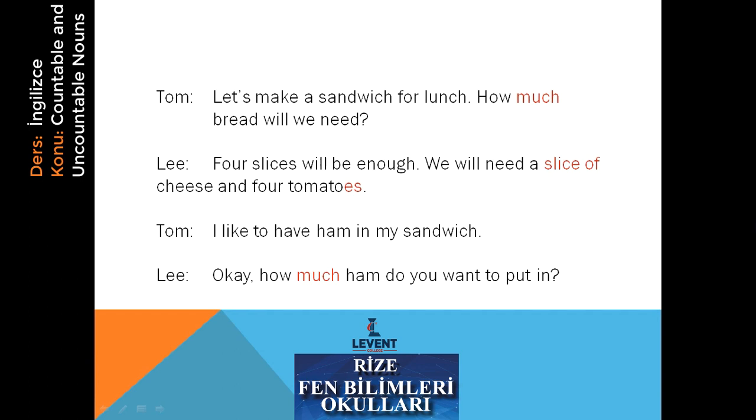Cheese is also an uncountable noun, so we should say some cheese or a slice of cheese, for example. Tomato is a countable noun, so we should say tomatoes. Ham is an uncountable noun, so instead of how many, we should use how much.